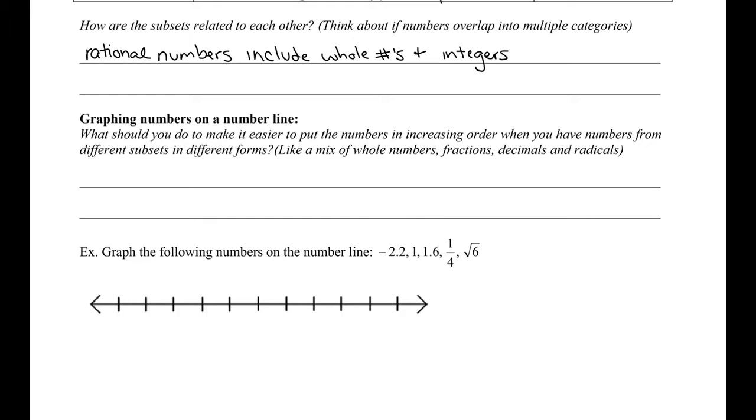The reason for this, as you saw in my example, is I can take a whole number or an integer and put it over 1, and it is then written as a fraction. However, irrational numbers will be separate.